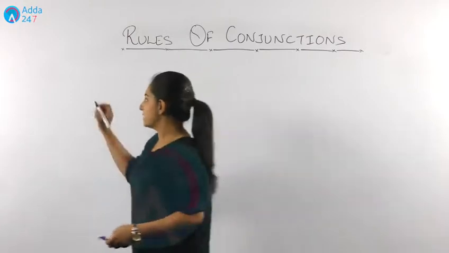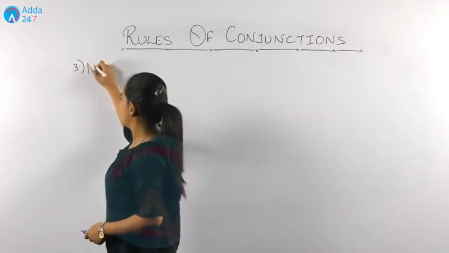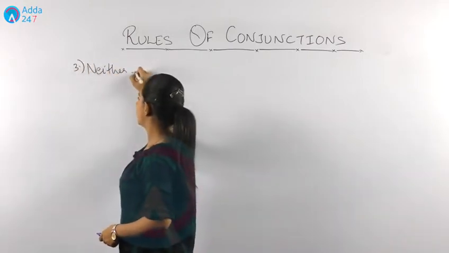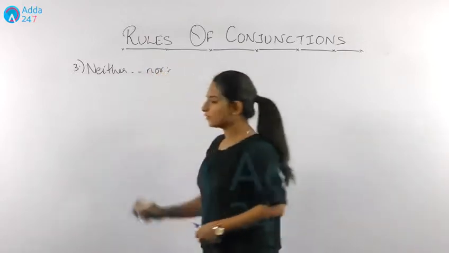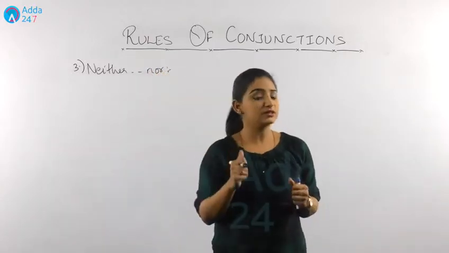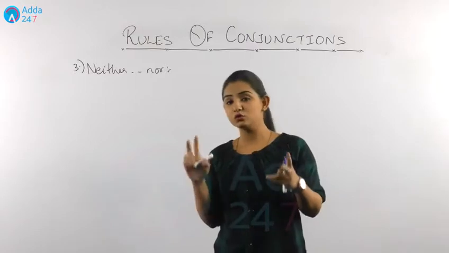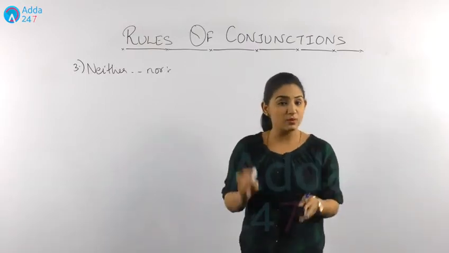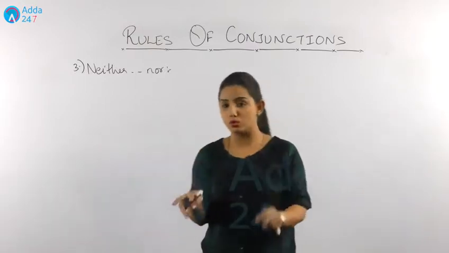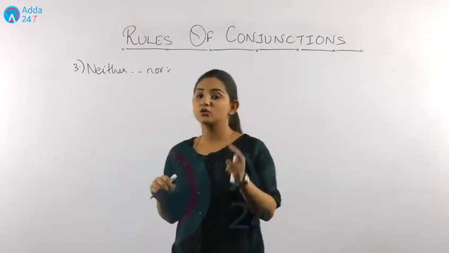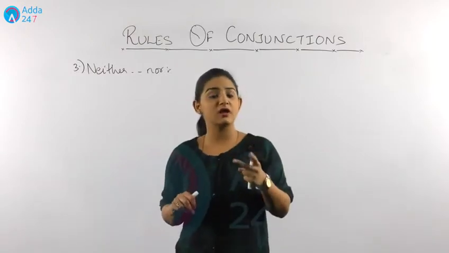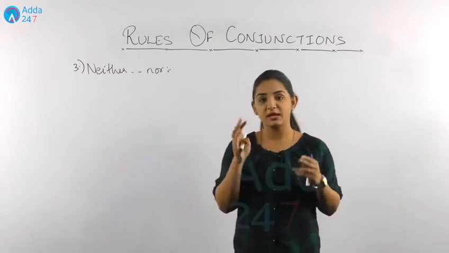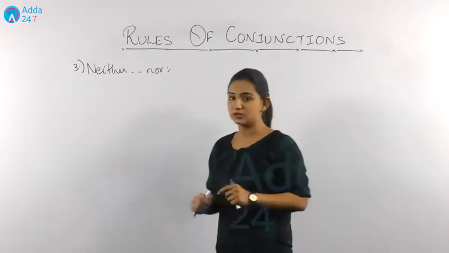Now the next rule that we have is neither nor. Now can you tell me where is neither nor used? When we have two different conditions and when you have to negate both. That means when you have two conditions or two subjects and you have to say no to both of them, in that condition you use neither nor.